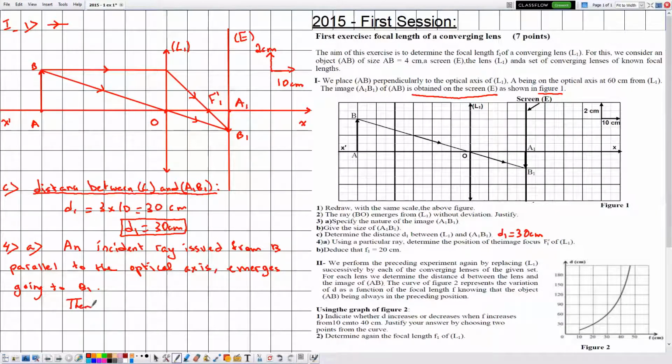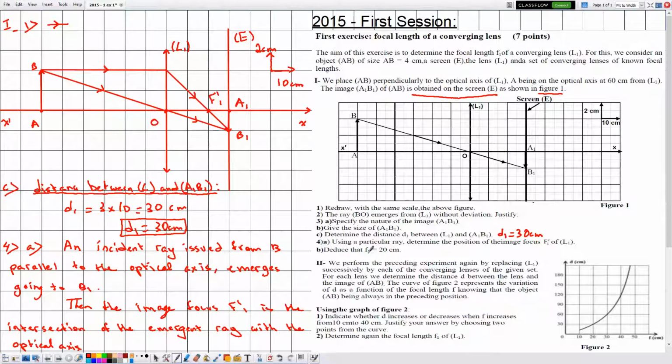The image focus is the intersection of the emergent ray with the optical axis. Then done for part A.